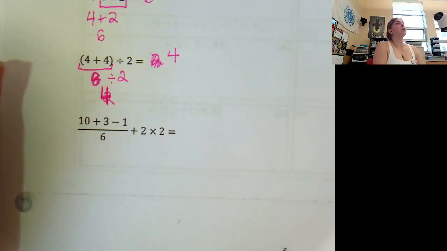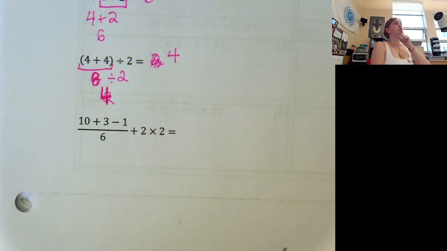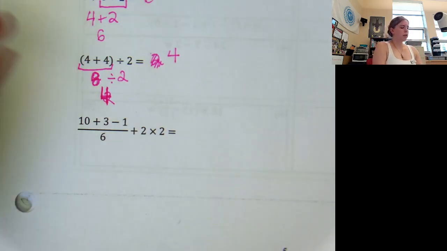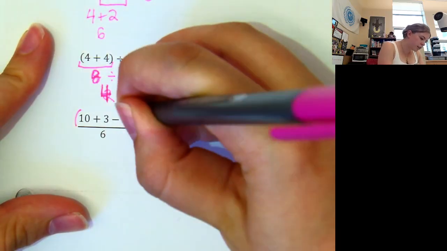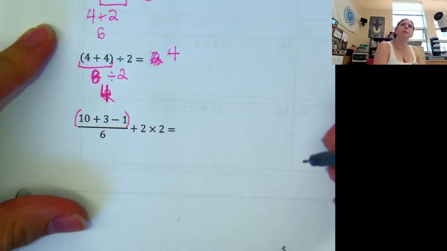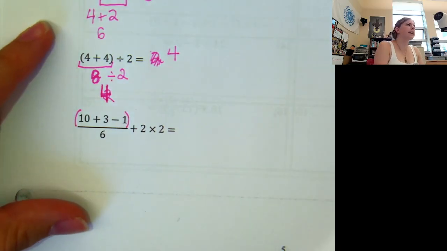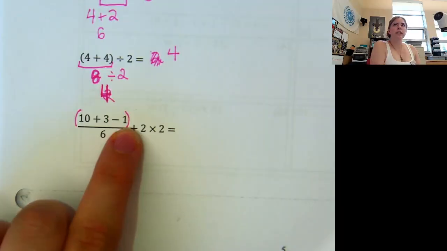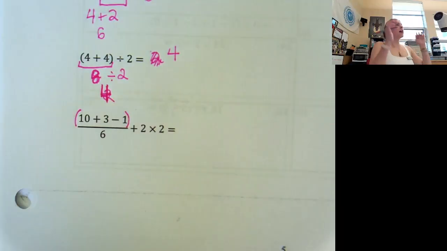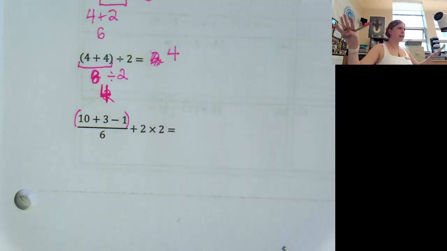Okay, so what we want to do first is work here first, the numerator, the top numbers, because we can simplify that. I put these brackets around here to show, okay, this is what I have to focus on before I do anything else.